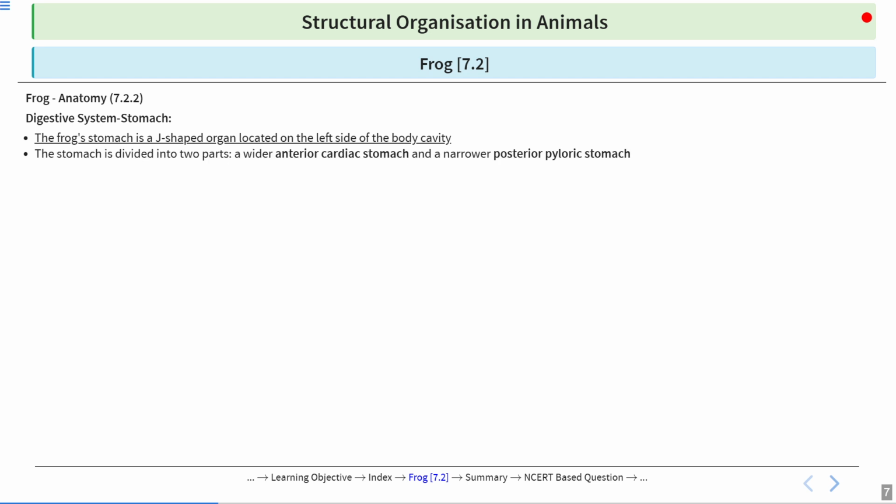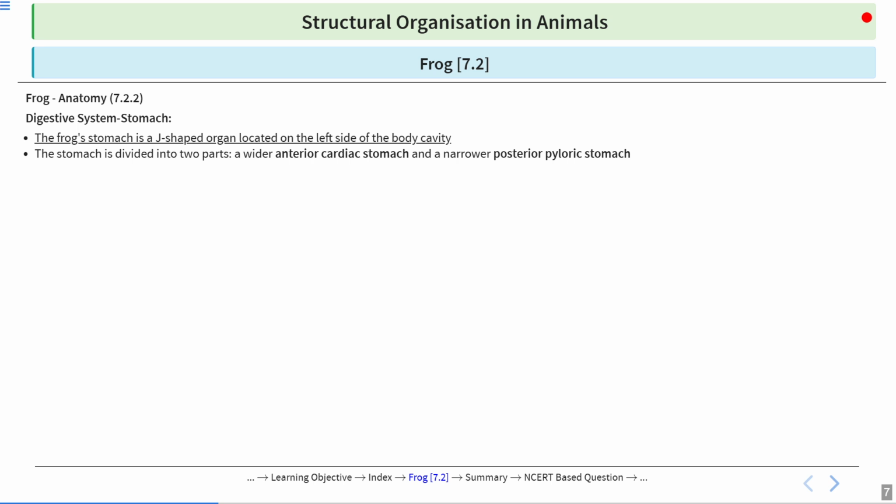The stomach is divided into two parts. The wider anterior part is called the anterior cardiac stomach because it is very close to the heart, and you all know the heart muscle is called cardiac muscle.